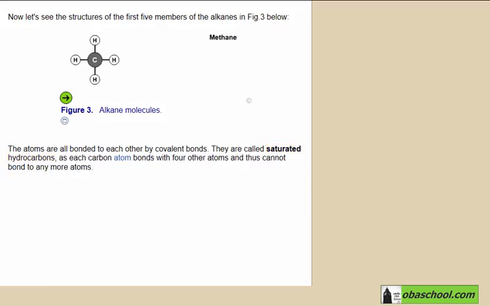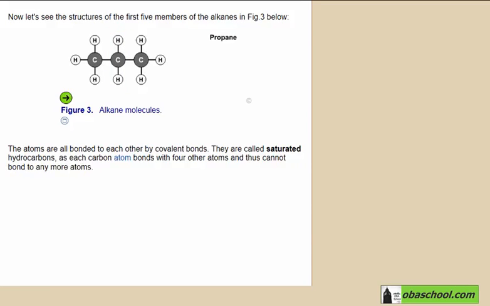Let's examine the difference between each member of the family of alkanes. We will start with methane. We have 1 carbon atom and 4 hydrogen atoms. In ethane, we have 2 carbon atoms and 6 hydrogen atoms. So the difference between methane and ethane is a CH2 group.